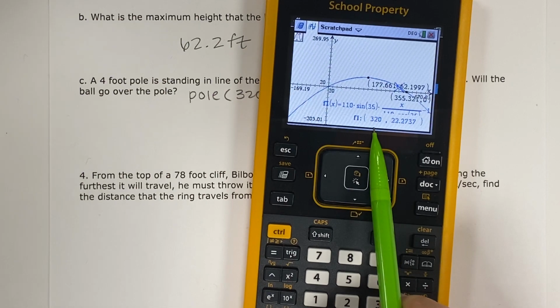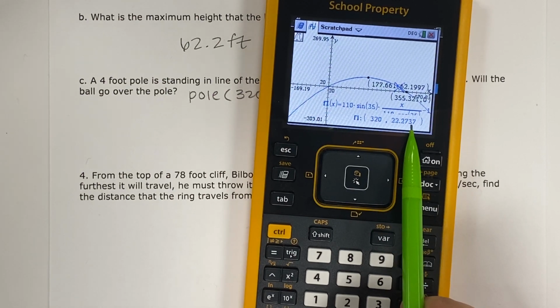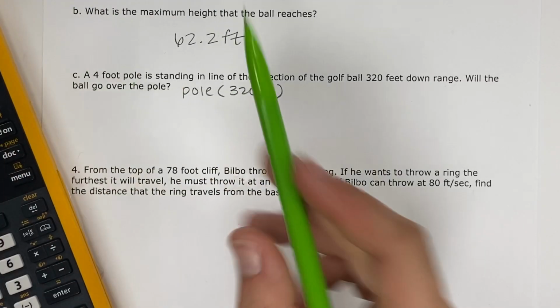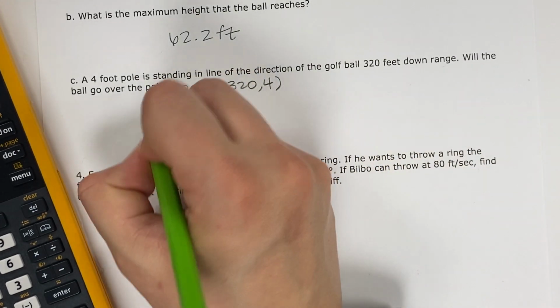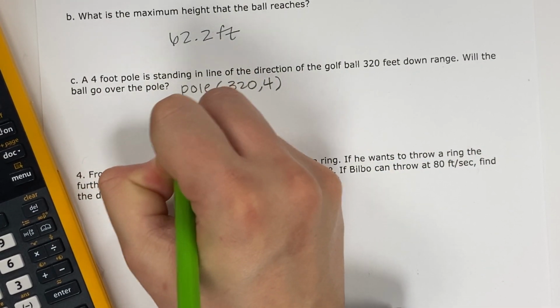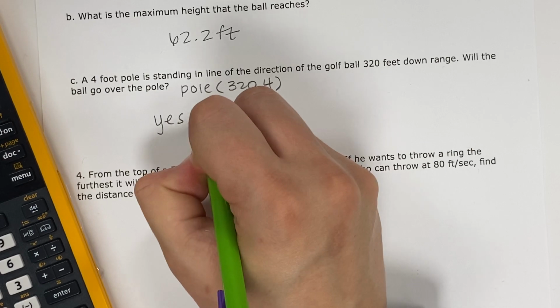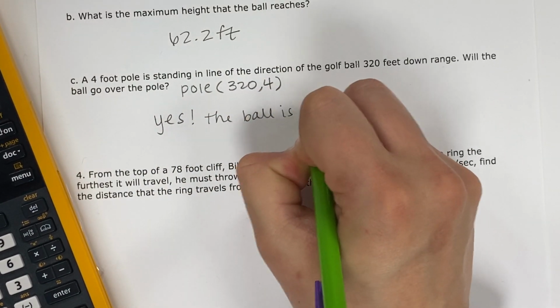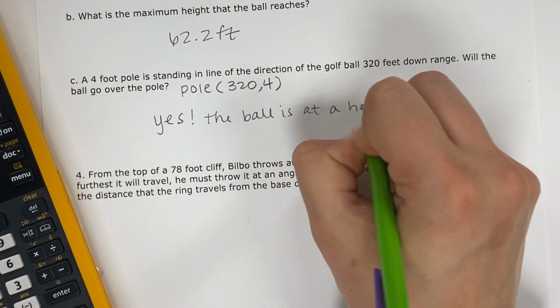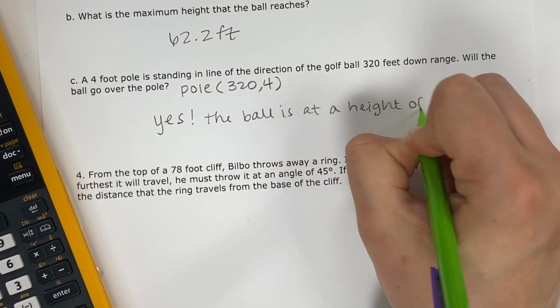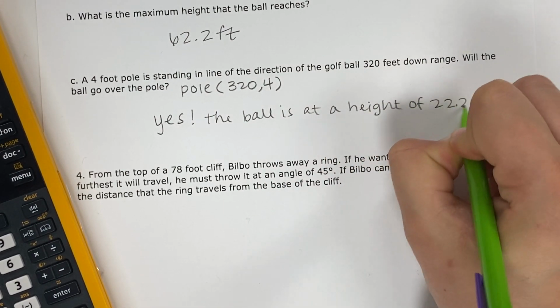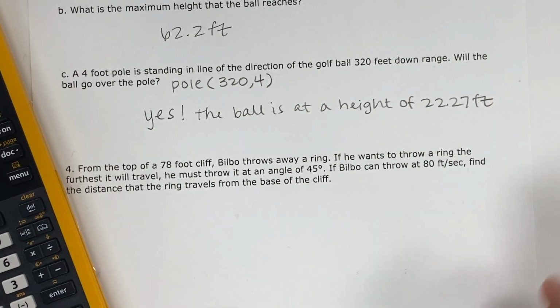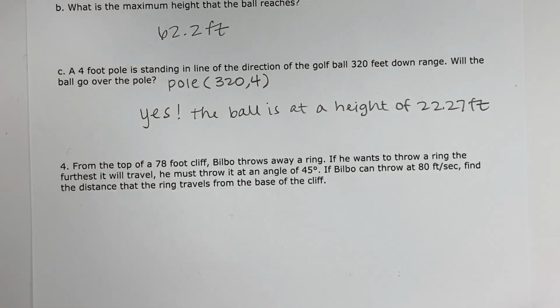And at 320, my golf ball is at a height of 22.27. Is that going to go over a 4-foot pole? Yes. The ball is at a height of 22.27 feet. So of course it'll go over a 4-foot pole.